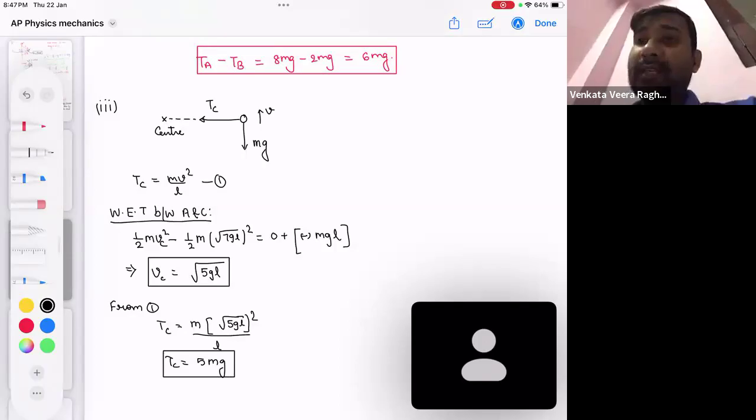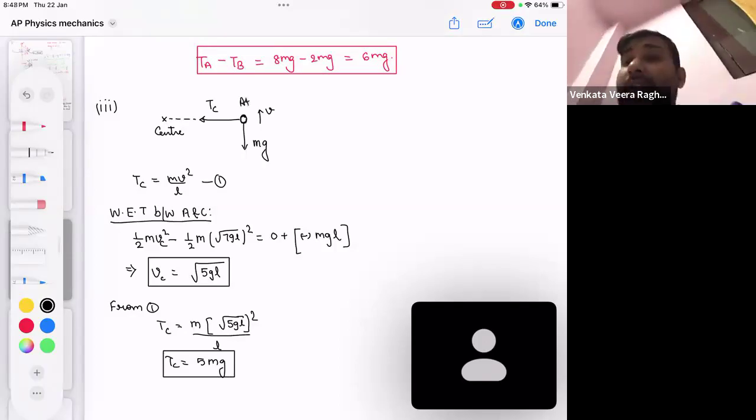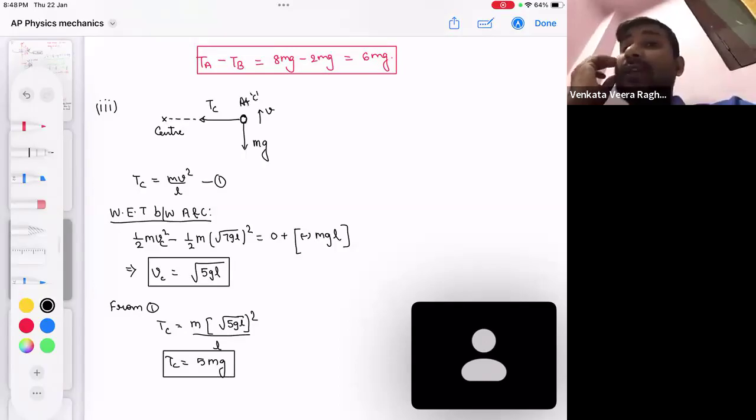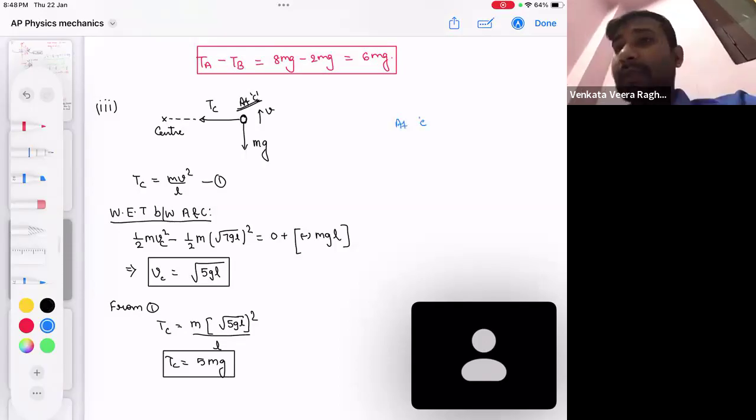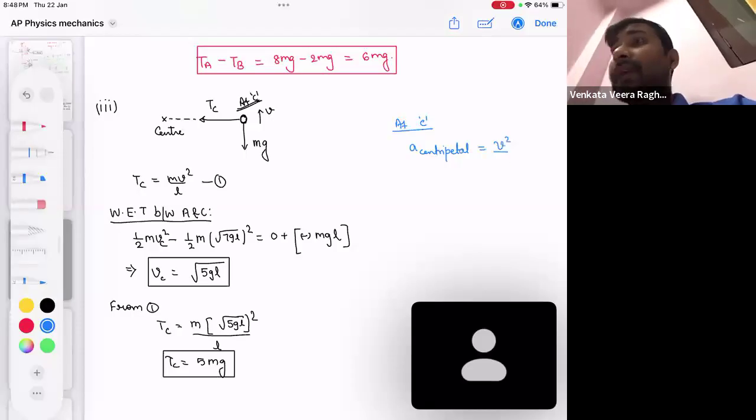This is the object location, at point C. The question asked what the centripetal acceleration is there, and what the tangential acceleration is. Centripetal acceleration is v square by r, and centripetal force is mass into v square by r.